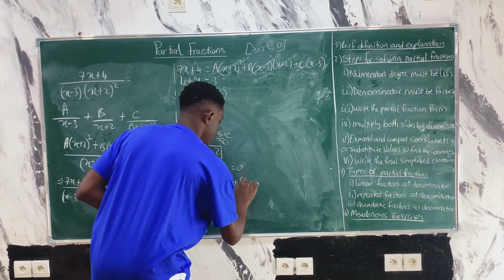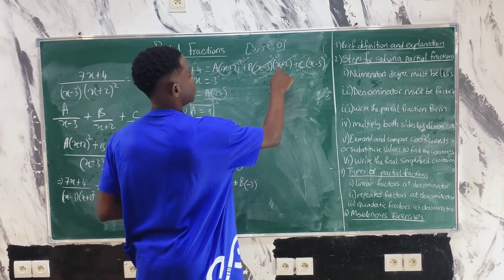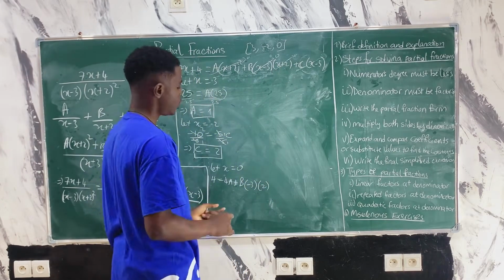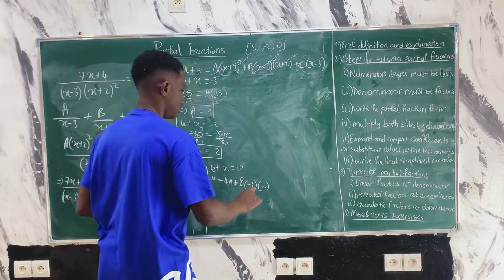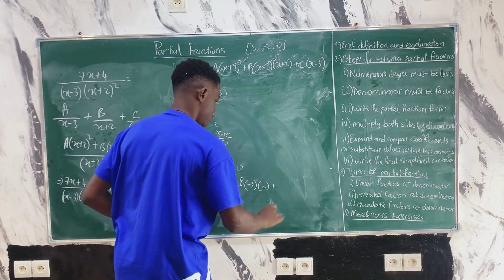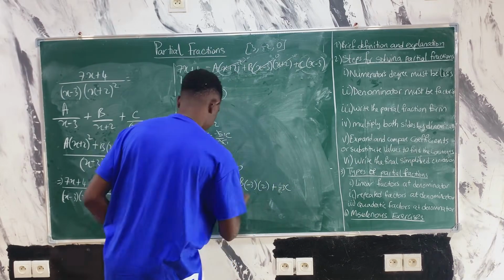Plus b into 0 minus 3 is minus 3, 0 plus 2 is 2. So this is what I'm going to have. Plus c into 0 minus 3 is minus 3. I can just put minus 3c.